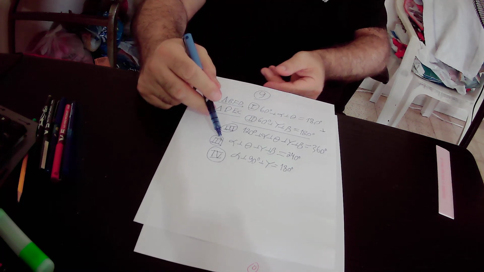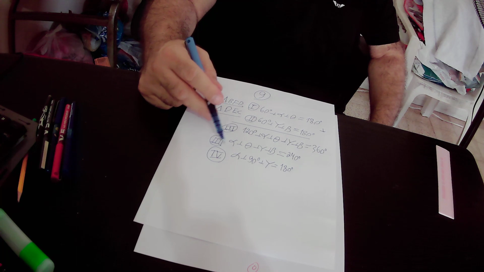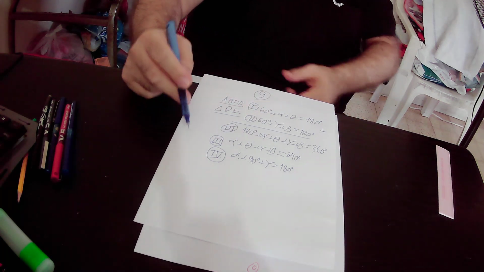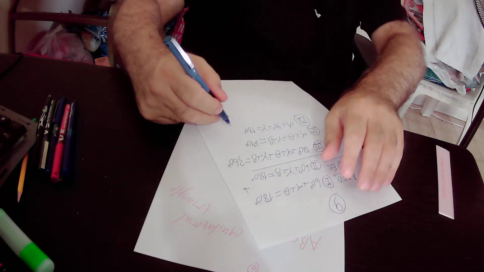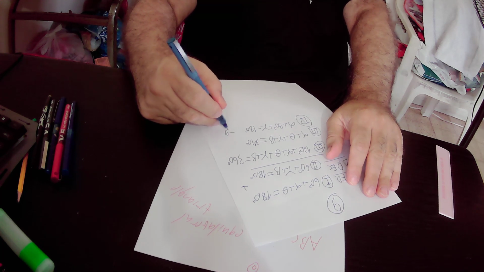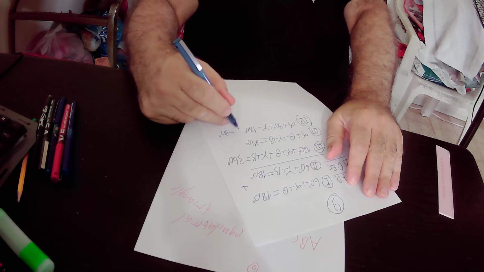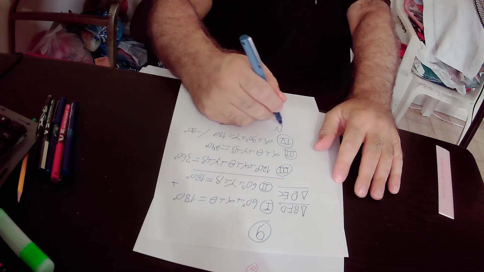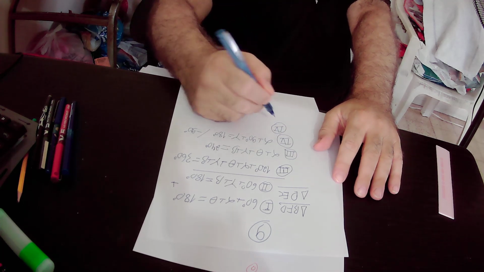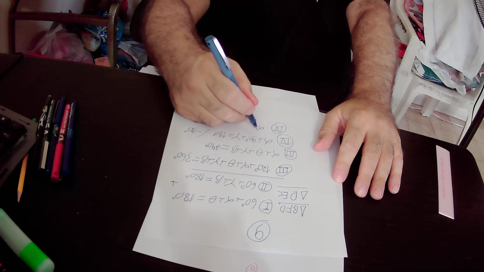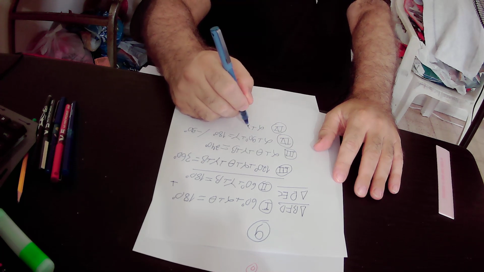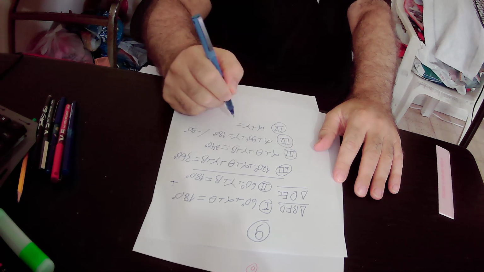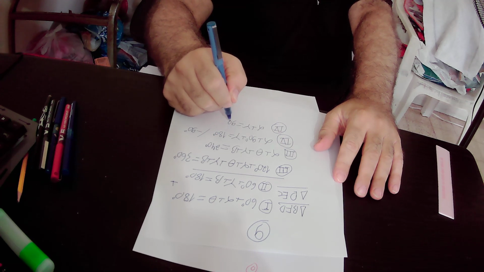Here we can subtract 90 degrees from equation number 4. Okay. And we will get that alpha plus gamma equals 90 degrees.